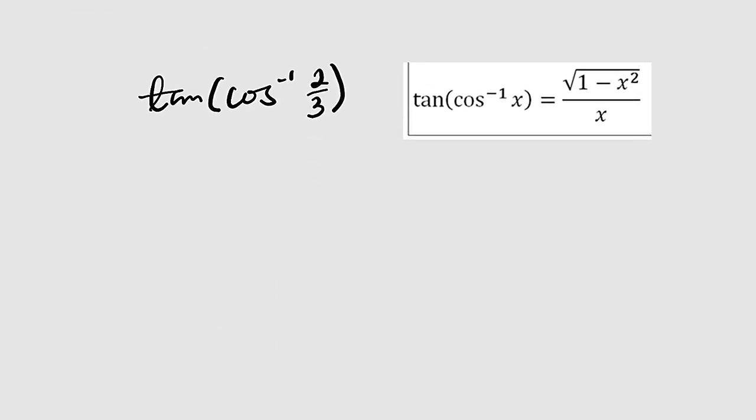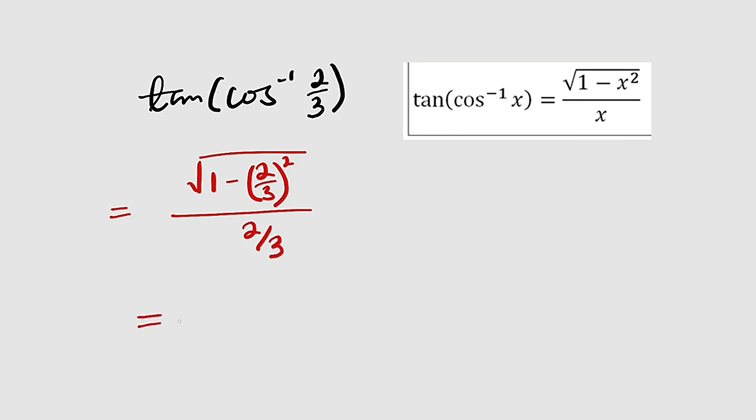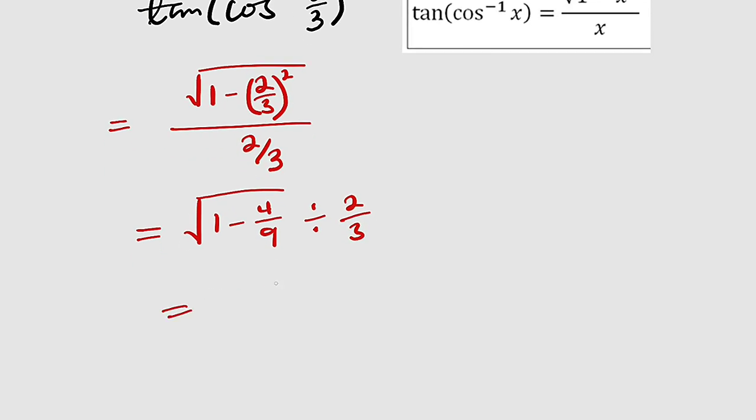And here we have tangent of cosine inverse of 2 over 3. This is not a special angle as well, so we use the formula. This is equal to the square root of 1 minus x squared, where x is 2 over 3, divided by x, that is divided by 2 over 3. This is the square root of 1 minus 4 over 9, which is the square root of 5 over 9.